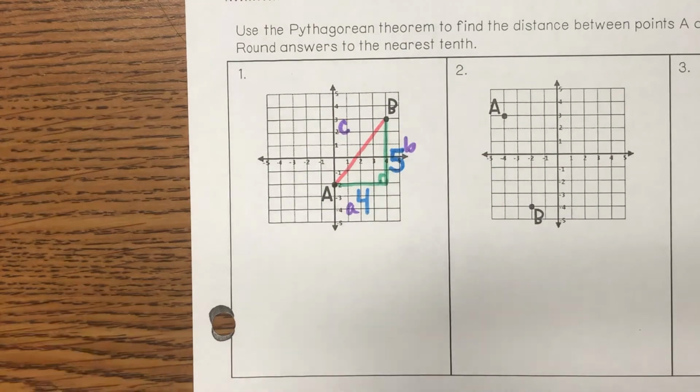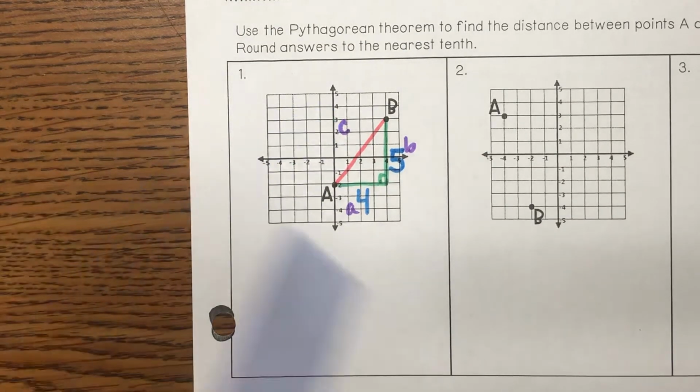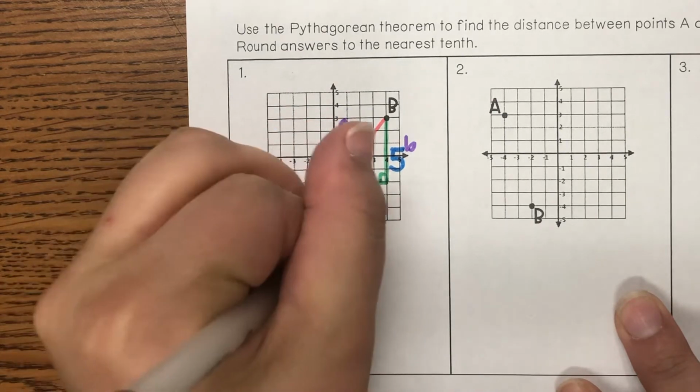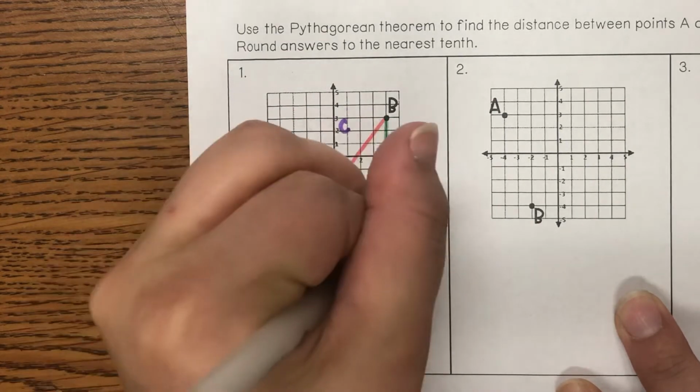So now I use Pythagorean theorem to find my C value. So I have A squared plus B squared equals C squared.